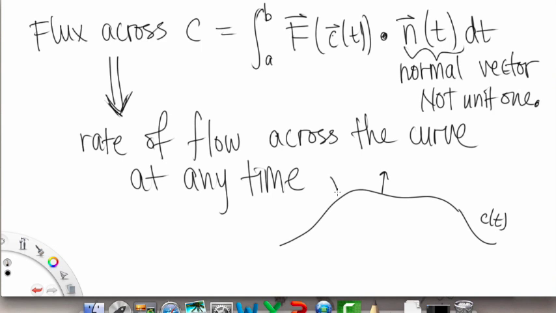This flux measures everything that is perpendicular to the tangent line at those points, so we're going across this way. What it would measure is basically everything that's flowing through at any given time. So that concludes this video, and I'll talk to you later if you watch future videos.